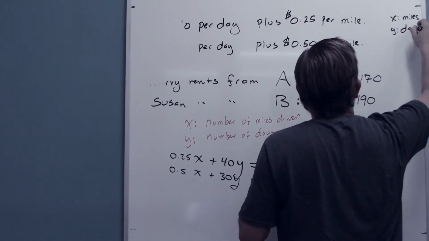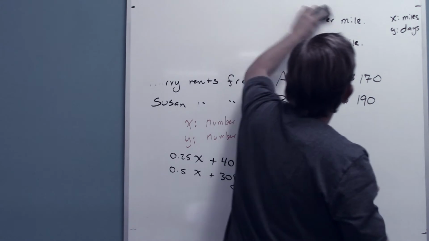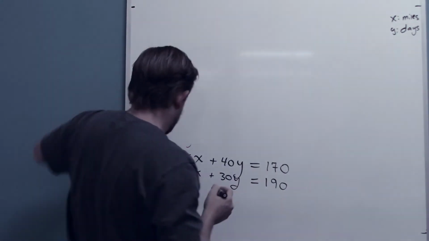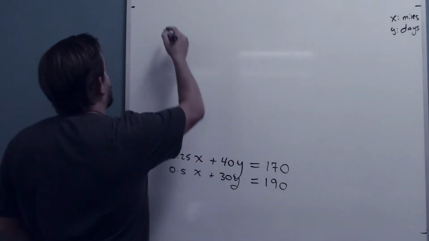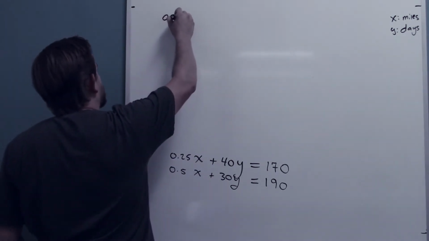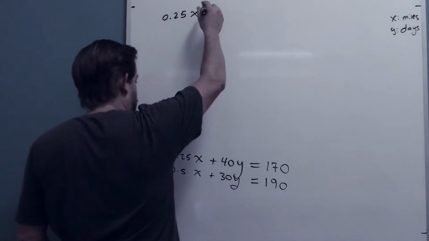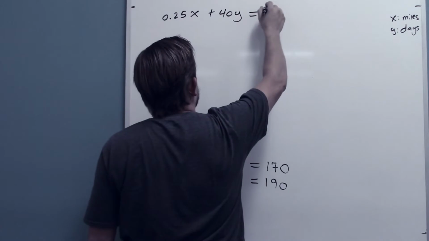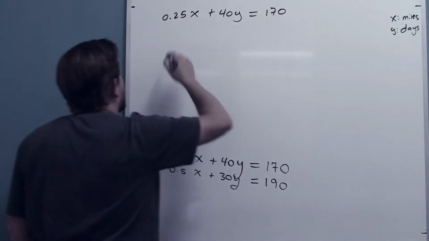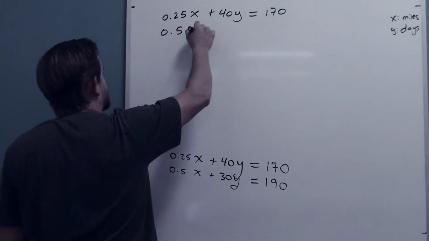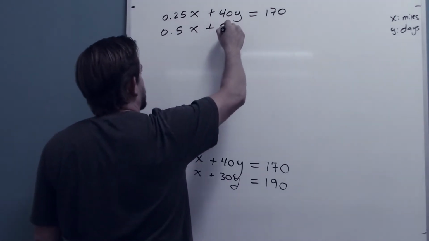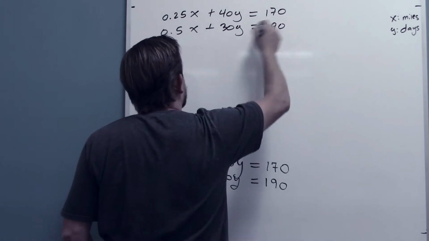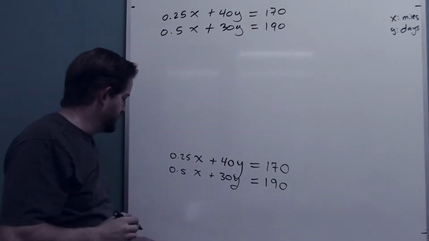All right, so I have 0.25x plus 40y equal to 170. And I have 0.5x plus 30y equals 190.